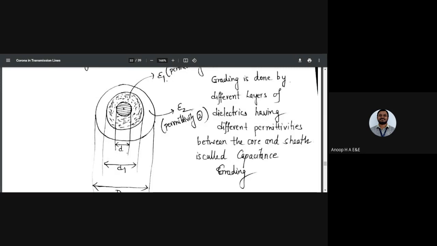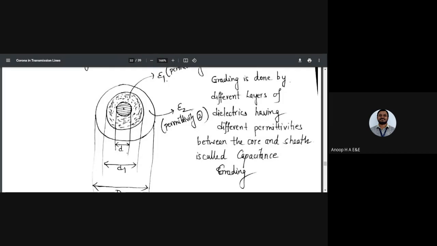You know that capacitance is like a parallel plate capacitor. You have the distance between the two plates and also the area of the plates. The most important thing is the permittivity of the material between the two plates.